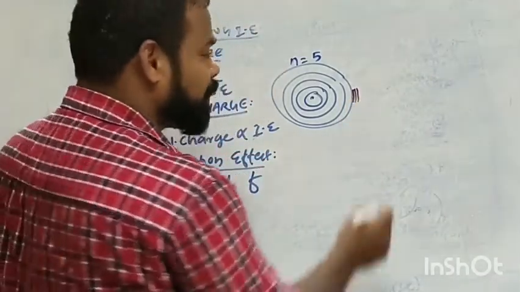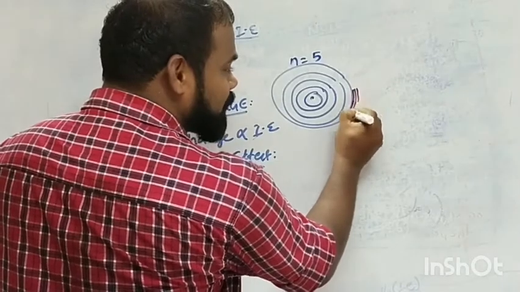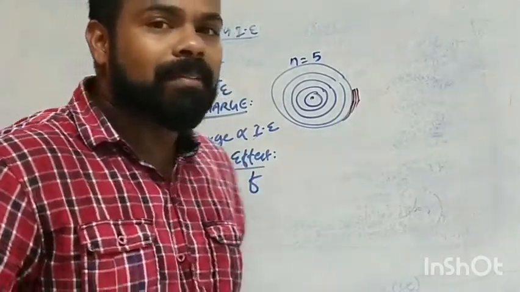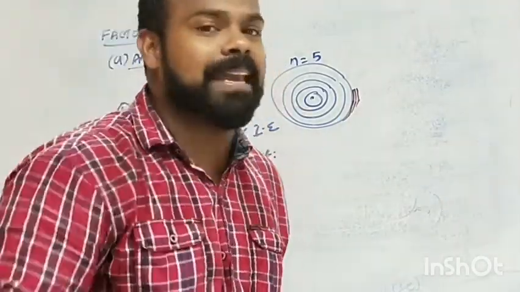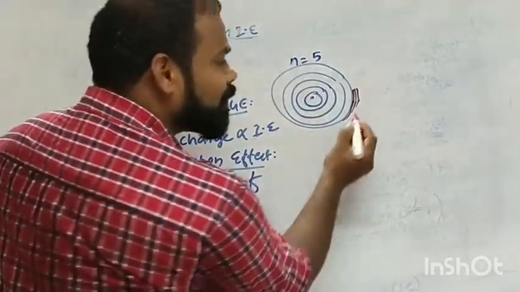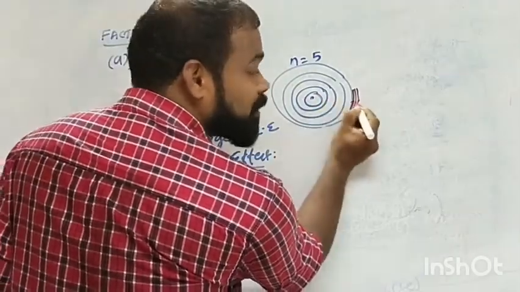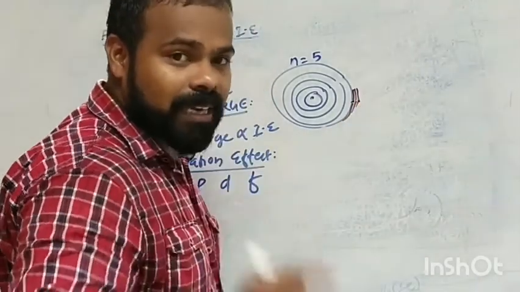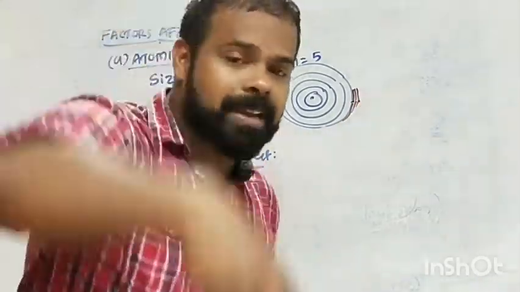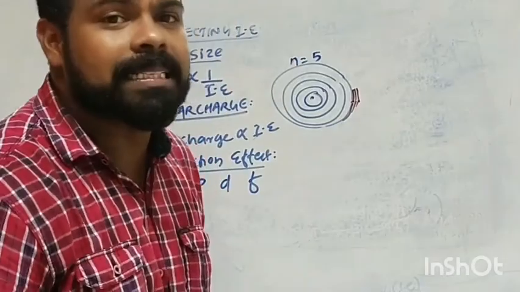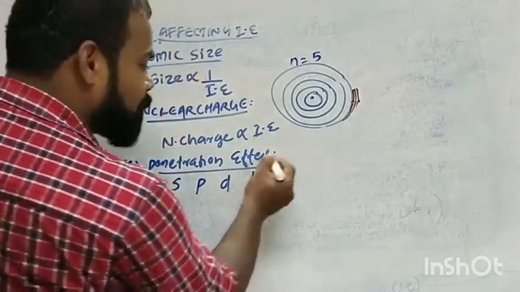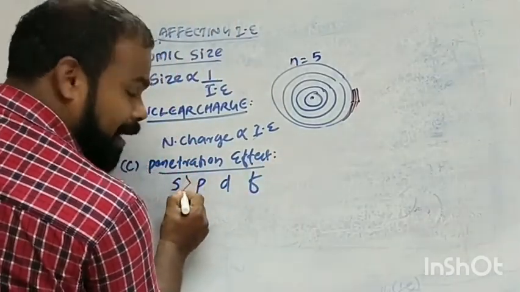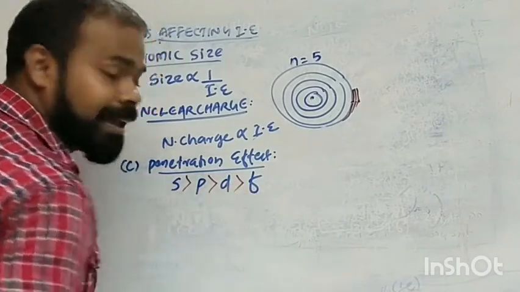Like this a number of lines are joined, but by looking, we are able to see only one line there. Now here, which one will be first? Sure, 5s will be first, then 5p, then 5d, then 5f. Don't forget that. Therefore, which one will penetrate more towards the nucleus? Sure, that is s. Therefore, penetration effect is maximum for s, then p, then d, then f.